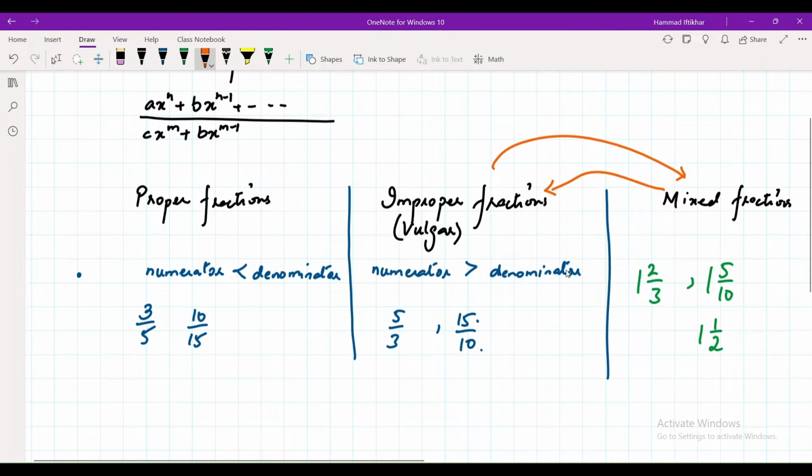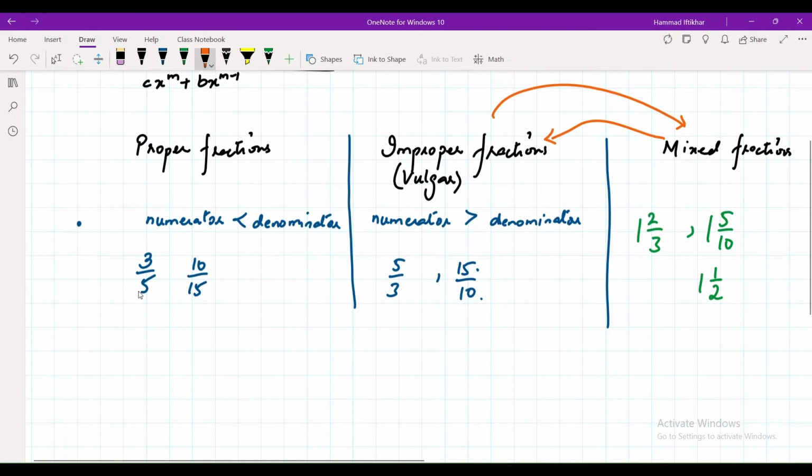An alternative description is we can refer to the numerator as the dividend and the denominator being called the divisor.